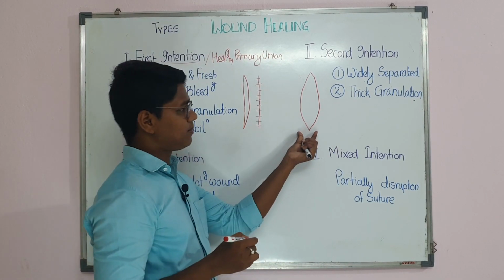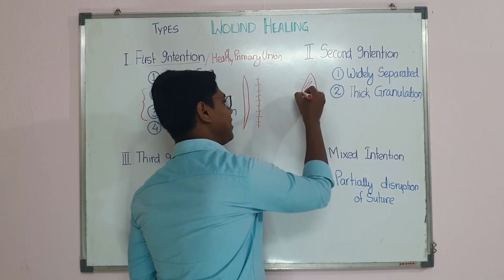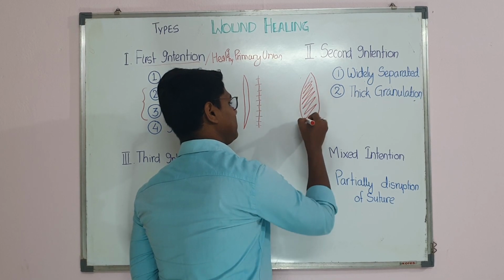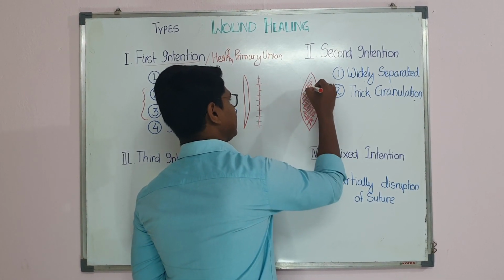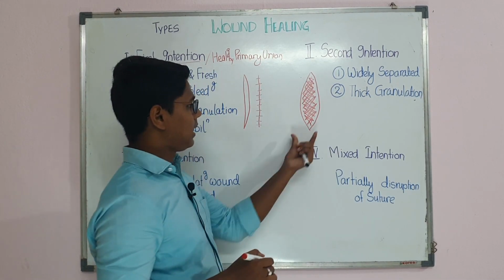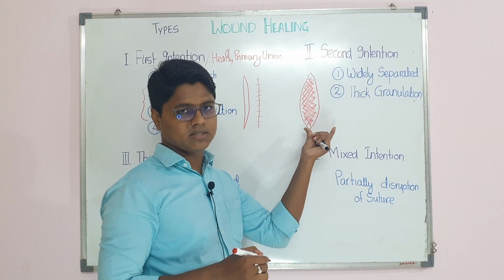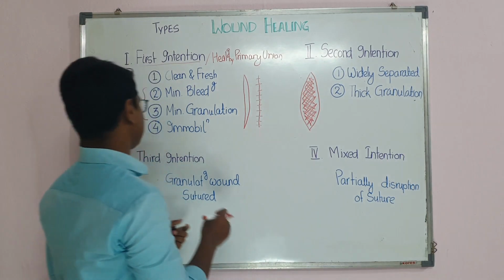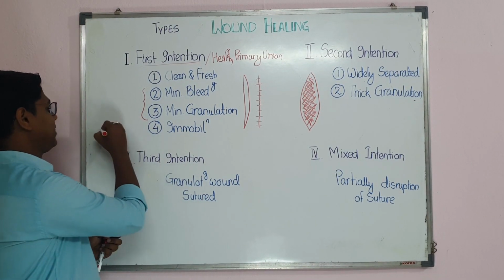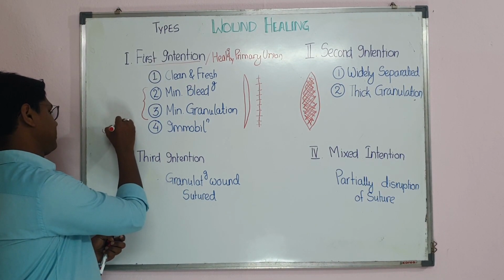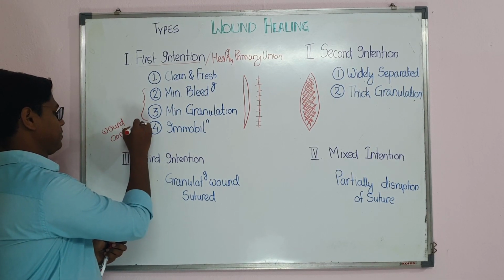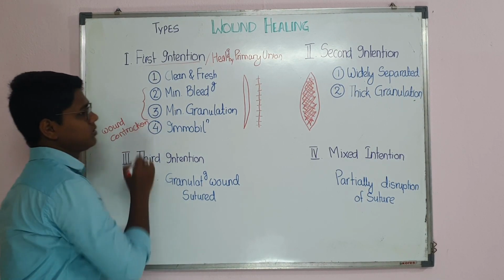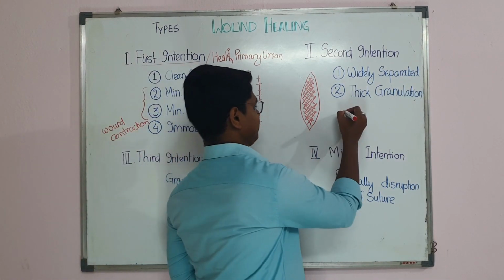Due to this wide separation, there will be thick granulation. You will find very thick granulation tissue in this type of healing. Next there will be wound contraction. You may not find wound contraction in the first, but the wound contraction is more substantial here.